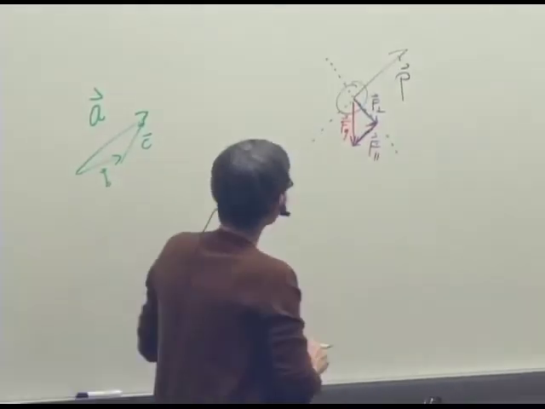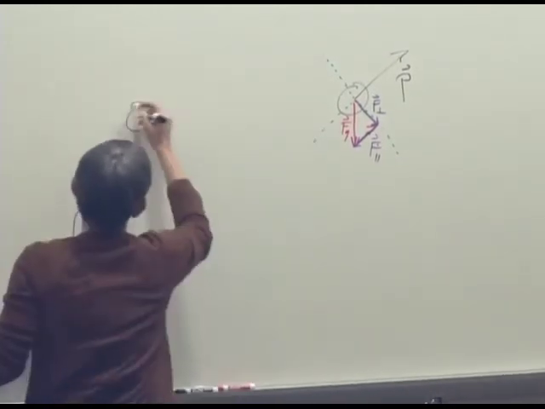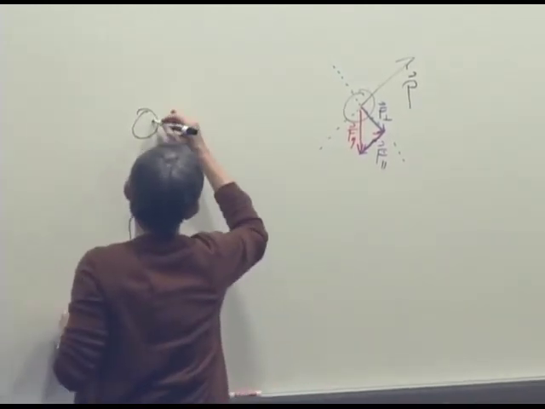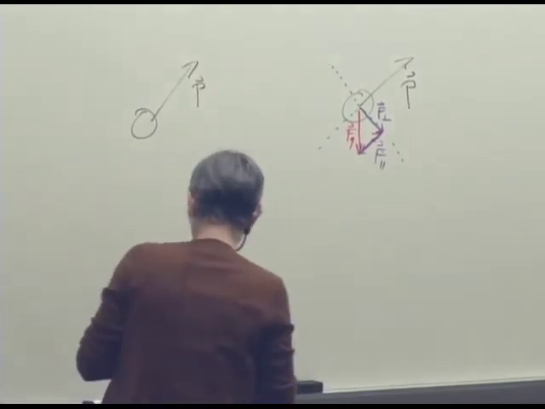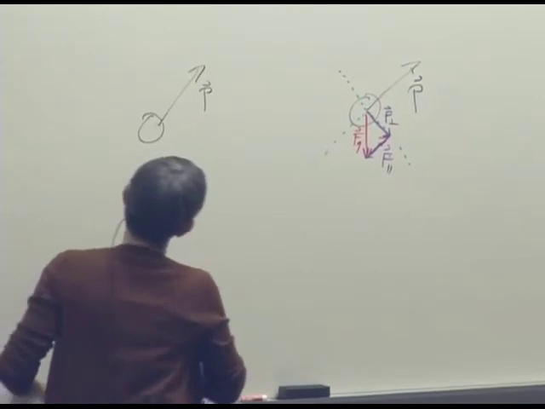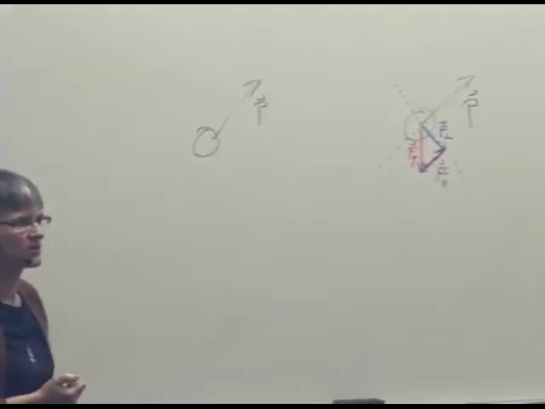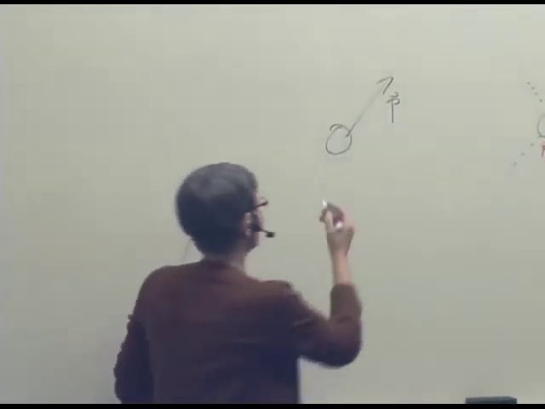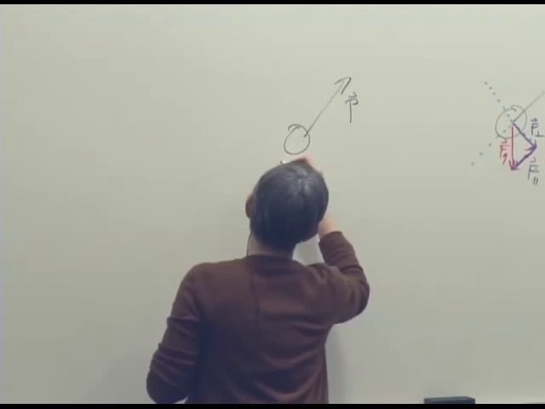Whereas if this were in outer space, we weren't near the Earth, here's a rock in outer space with some momentum p, and we attach a little jetpack to it, so it could exert a force only in the direction of the momentum.